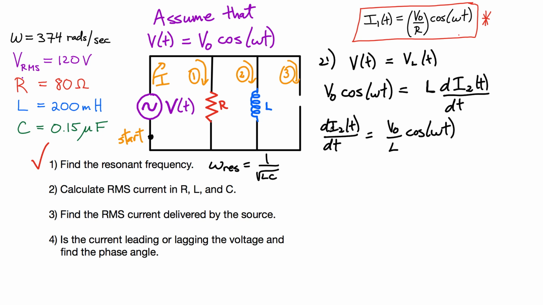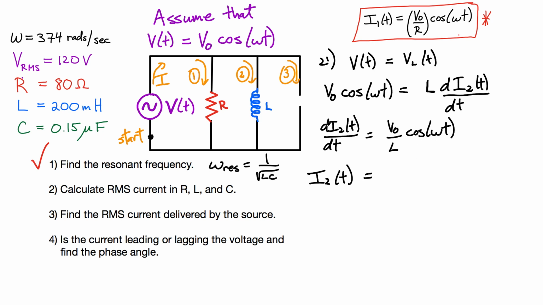Okay, so we're looking for a current function whose derivative gives me cos of omega t. All right, you can either integrate both sides, or you can take a guess. You know that these are related by sines and cosines, so let me just write it out. I3, oh sorry, this should be I2. I2, that's the current in that second branch.